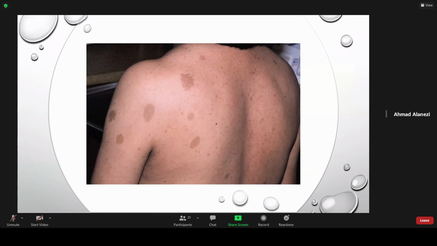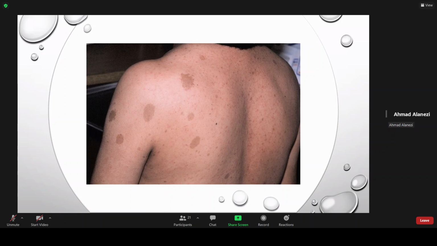Another patient presents to you with seizures. So he has his first seizure in life, and you examined him, you find those spots. Cafe au lait spots.